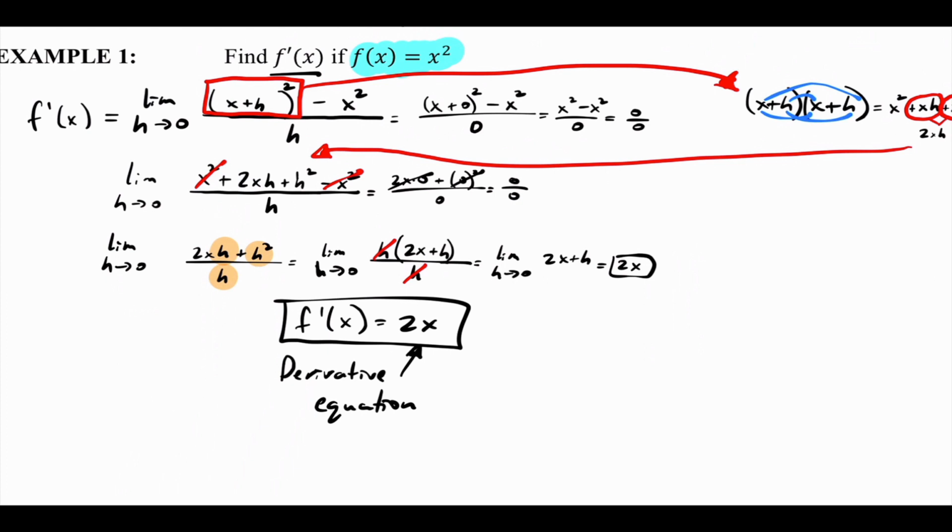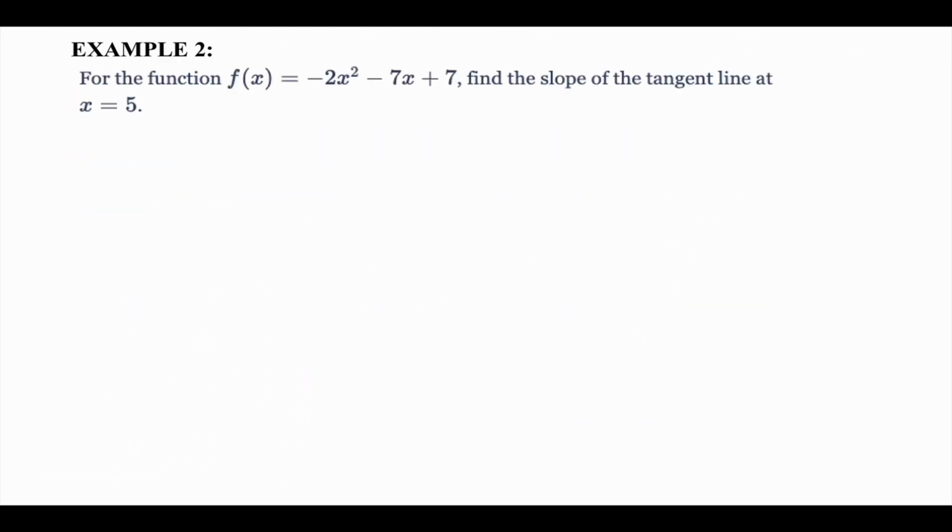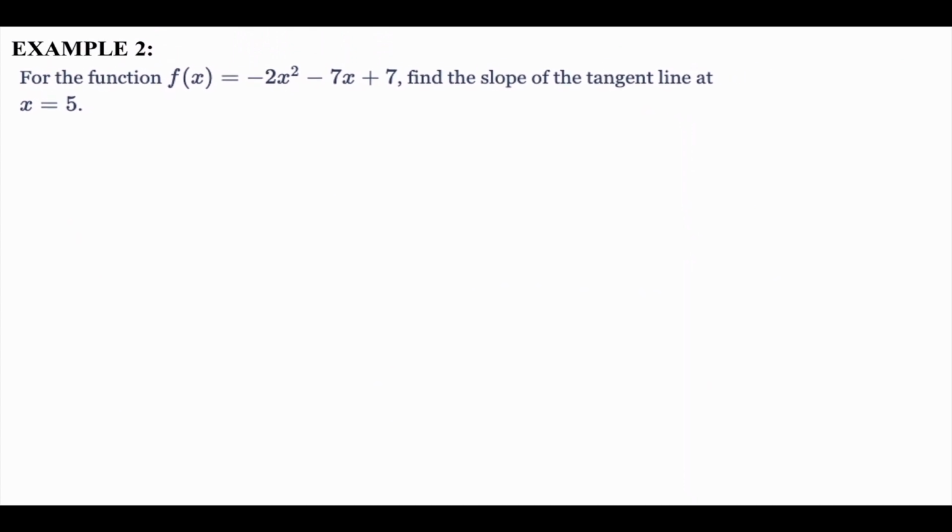All right. Okay, so now let's look at example number 2. We're going to do the same exact thing. This one's a little different though, because not only do they want us to find f prime, but then they want you to go a step further and find the slope of the tangent line at x equals 5. Okay? So let's set up our limit.